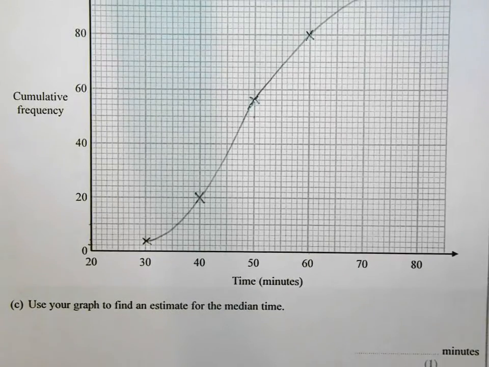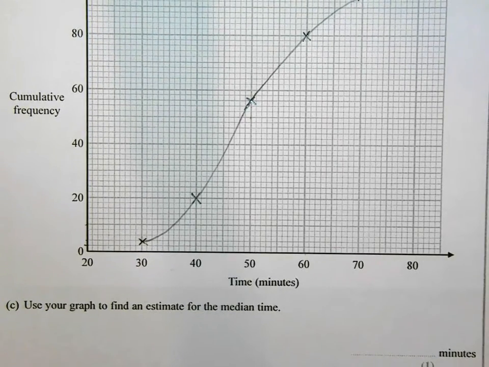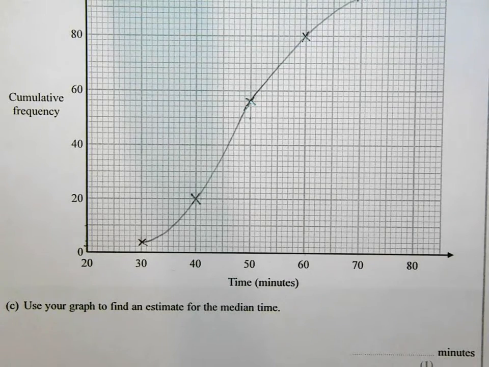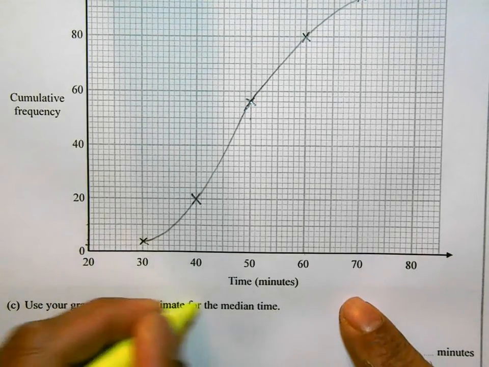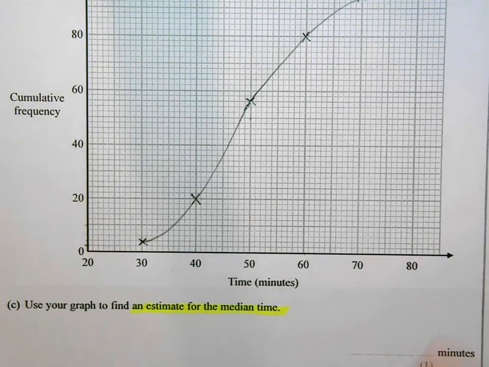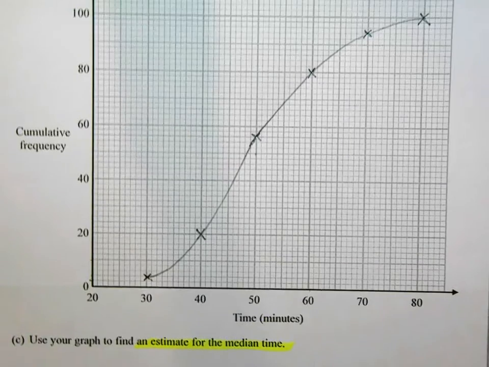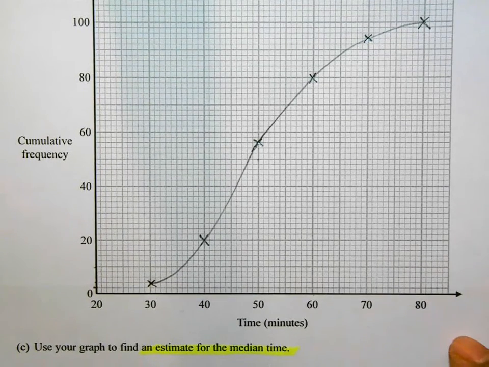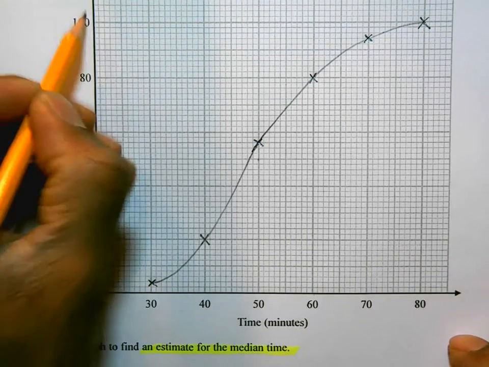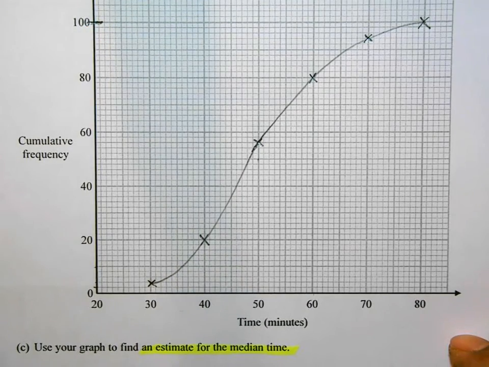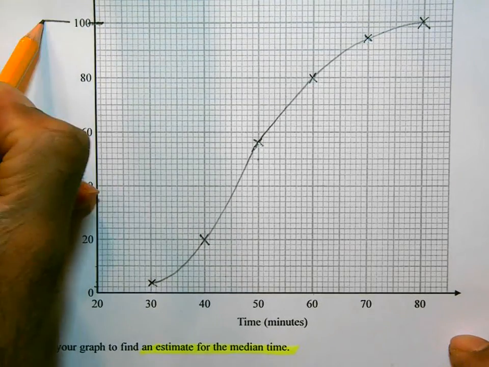Let's look at part C. Part C says, use your graph to find an estimate of the median time. One of the things to always bear in mind when you're doing a cumulative frequency is be careful to recognize where it goes up to.